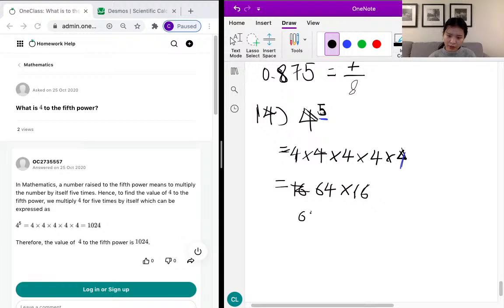And let's just do our math quickly over here. 64 times 16. 4 times 6 is 24. 6 times 6 is 36, which is 384.